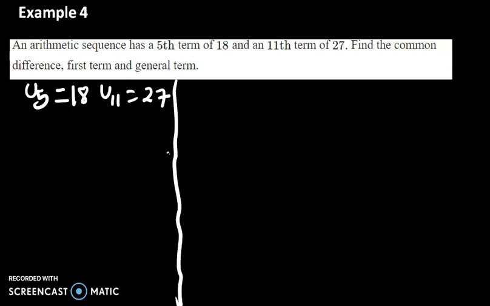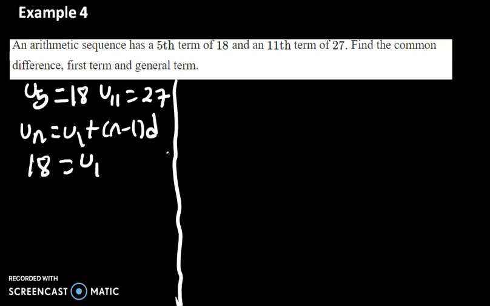But we have the formula for the arithmetic sequence, which is un equals u1 plus (n minus 1)d. So for u5, we simply substitute 18, and we don't know u1 yet, so plus 4d, because if you put 5 here, 5 minus 1, that's 4d.